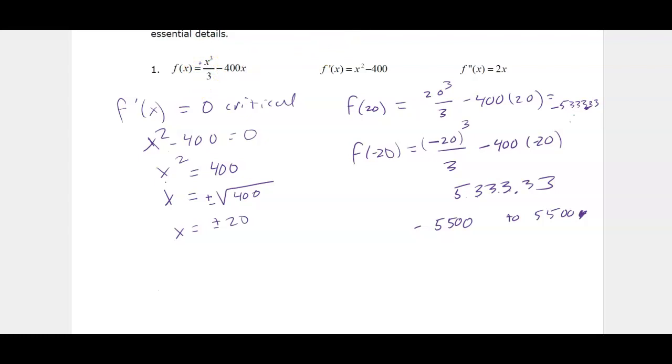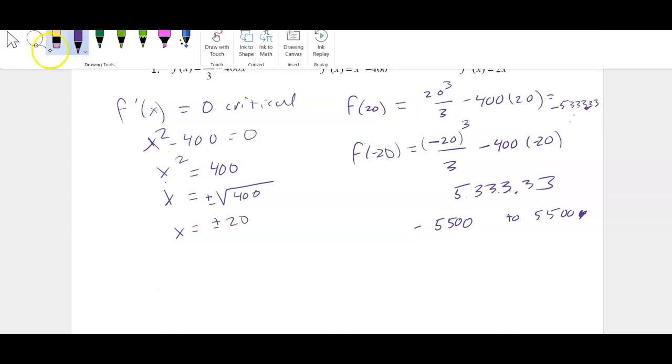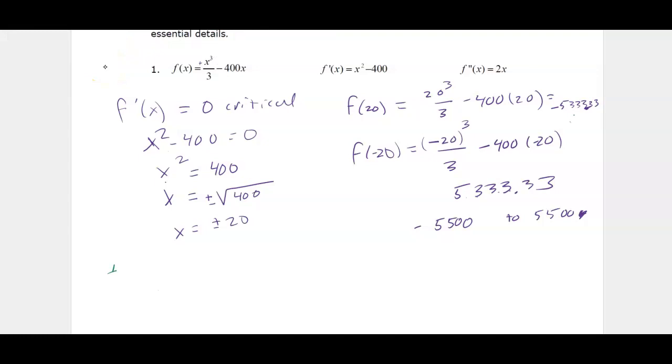Now, if I want to sketch this, some things are helpful to know, like where is this function increasing? A function is increasing where the first derivative is positive. Now, we're talking about so many other things: functions, first derivatives, second derivatives.